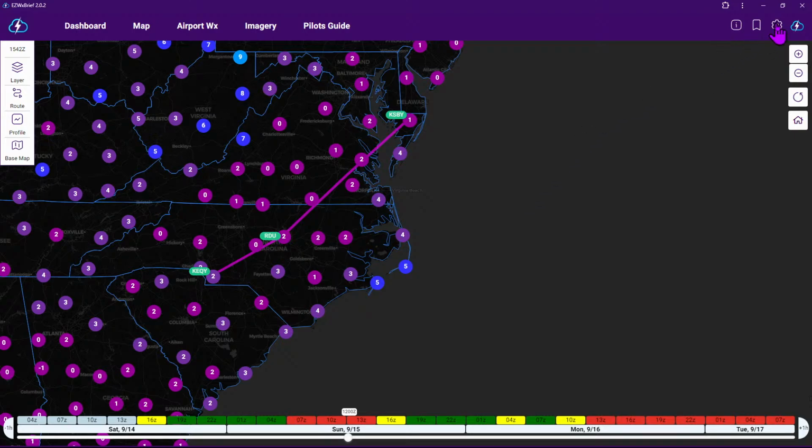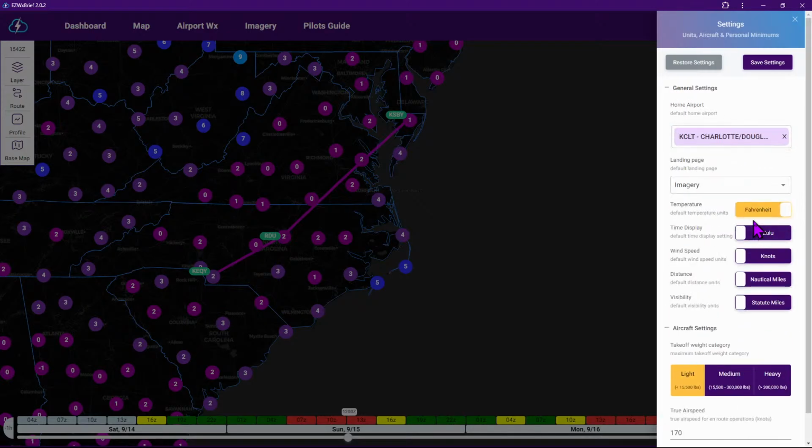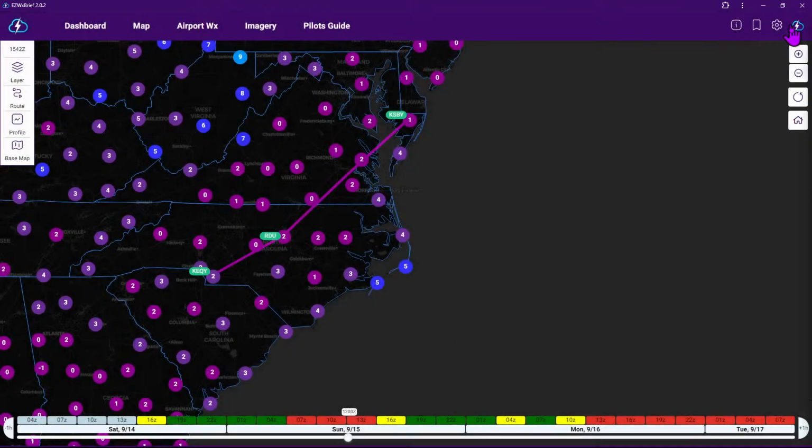I have that set up in my general settings here as Fahrenheit temperatures. So it's really juicy air. Anytime you see these purple colors here, we're dealing with dew point depressions of less than 2 degrees Fahrenheit. So a lot of these places we're dealing with very near saturated conditions near the surface.